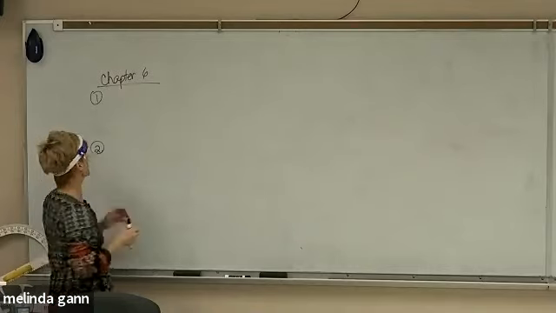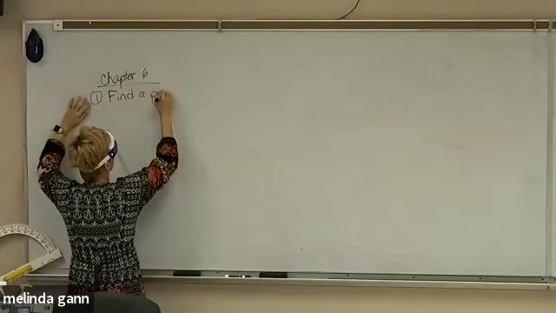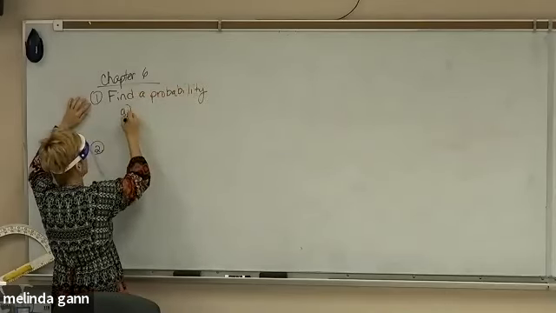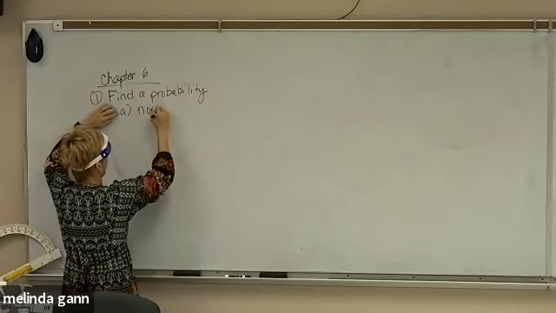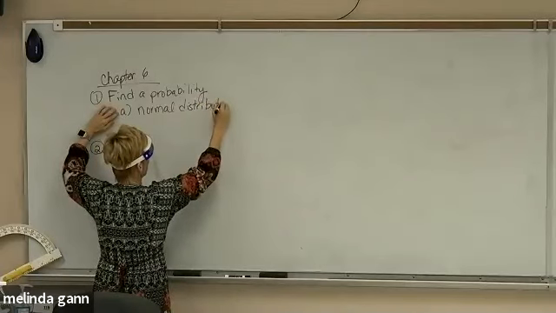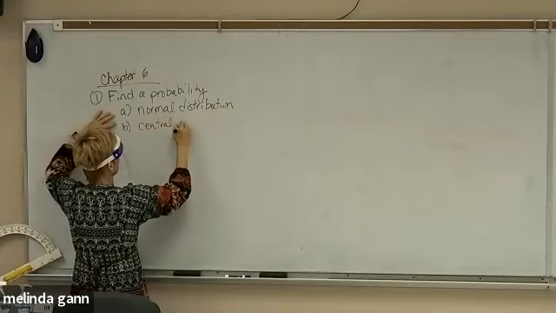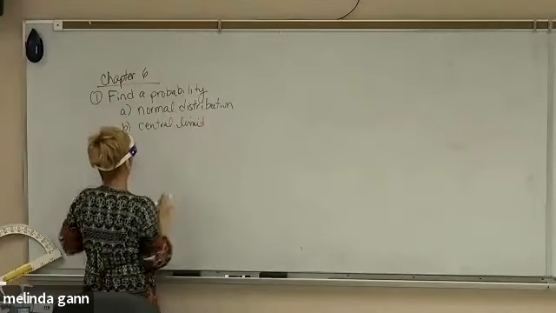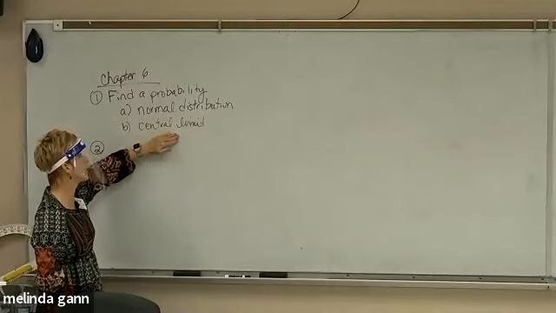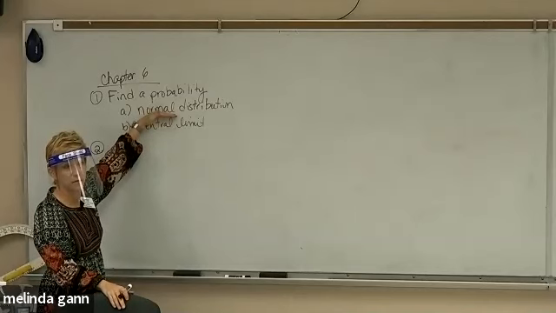All right. It's going to ask you to find a probability and you have 2 choices. It's either a regular normal distribution, what we talked about at the pop test, or it's going to be central limit. All right, and you remind me how I decide whether it's normal distribution or central limit. How many of you picking normal distribution?